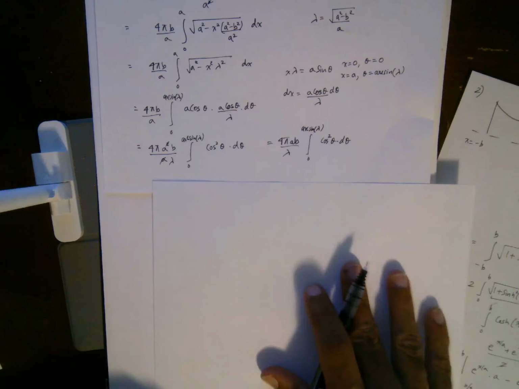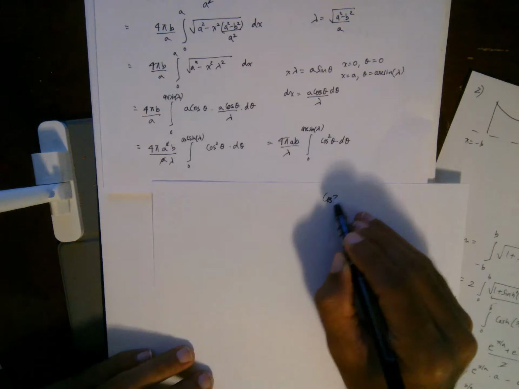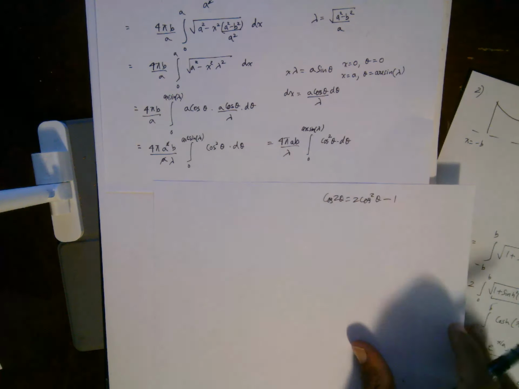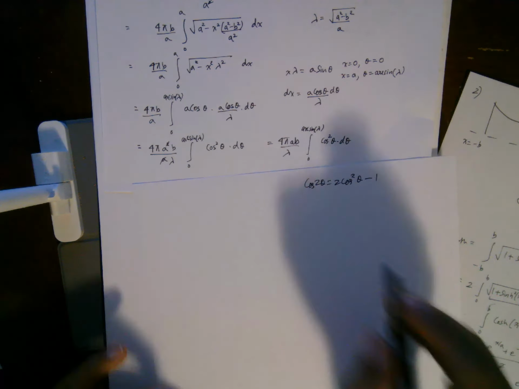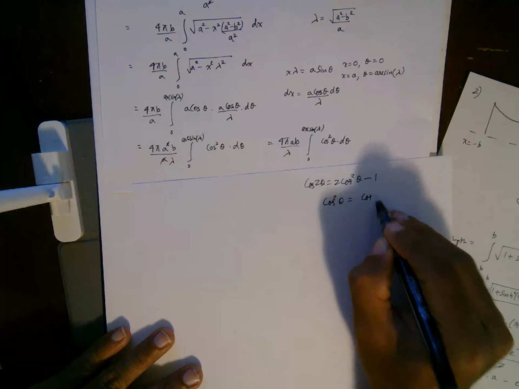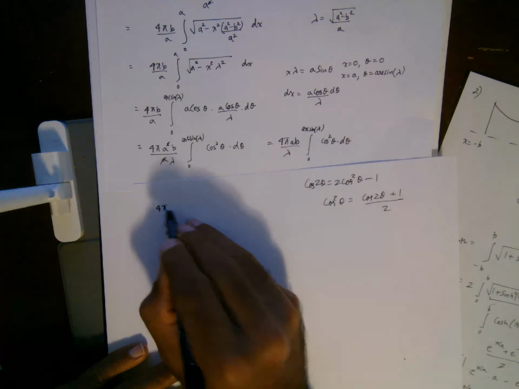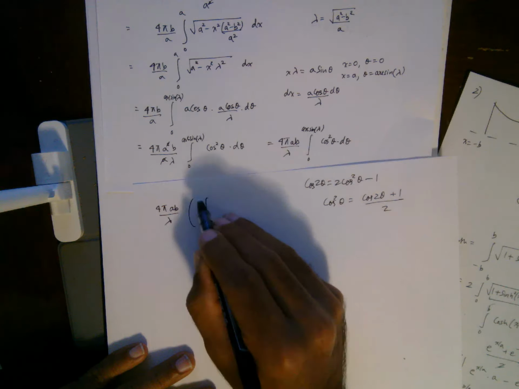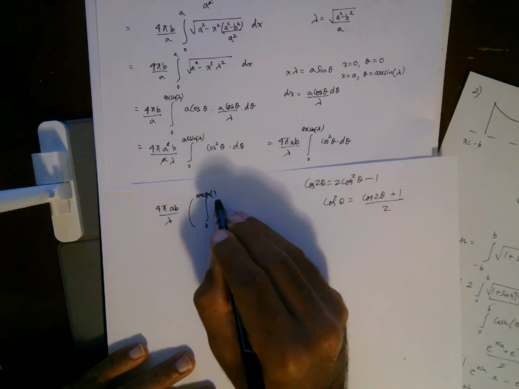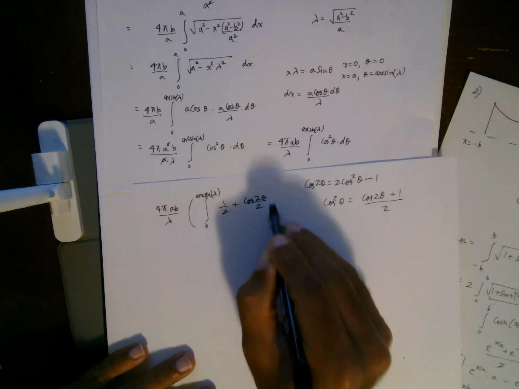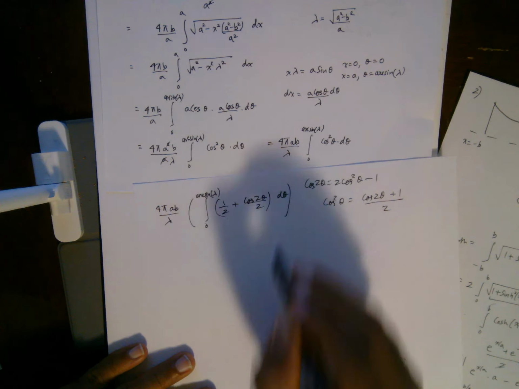Now I'm going to use this identity. Cosine 2 theta is 2 cosine squared theta minus 1. So that cosine squared theta is cosine 2 theta plus 1 over 2. So 4 pi ab over lambda, integral 0 to arc sine lambda, 1/2 plus cosine 2 theta over 2, d theta.